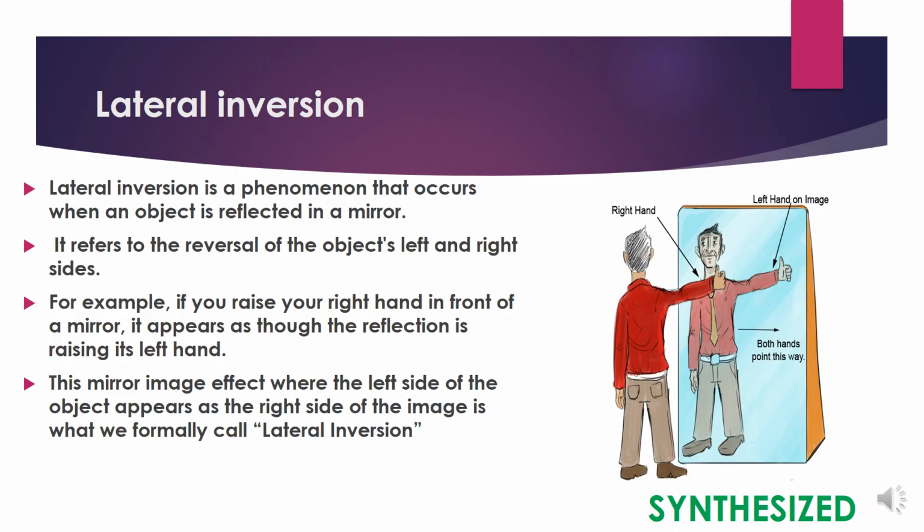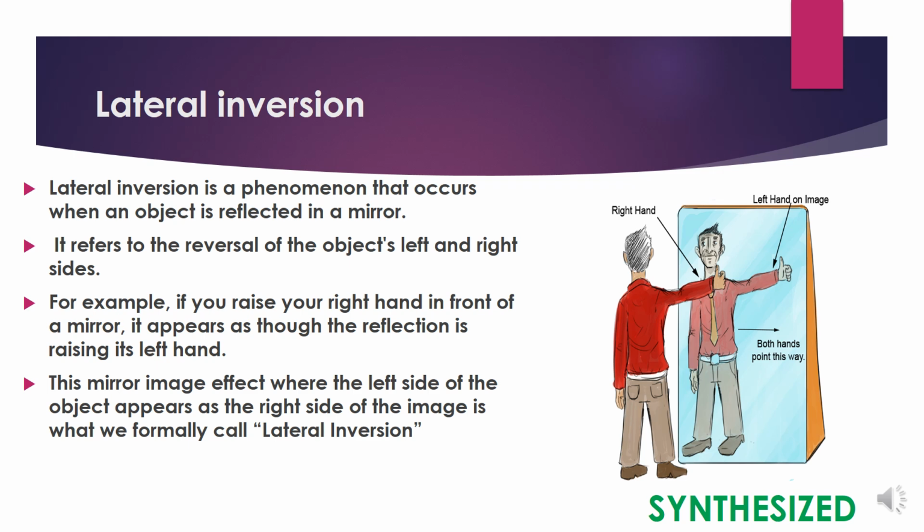So lateral inversion is a phenomenon that occurs when an object is reflected in a mirror. एक ऑब्जेक्ट का रिफ्लेक्शन होगा प्लेन मिरर में तभी लेटरल इन्वर्जन होता है. It refers to the object's left and right sides.